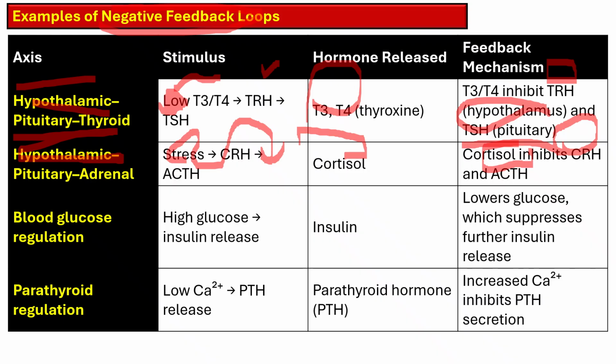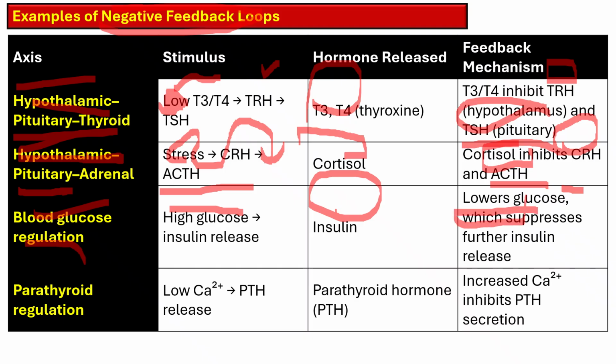Another example is blood glucose regulation, in which a high glucose concentration will result in insulin release. This released insulin will lower the glucose, which suppresses further release of insulin.